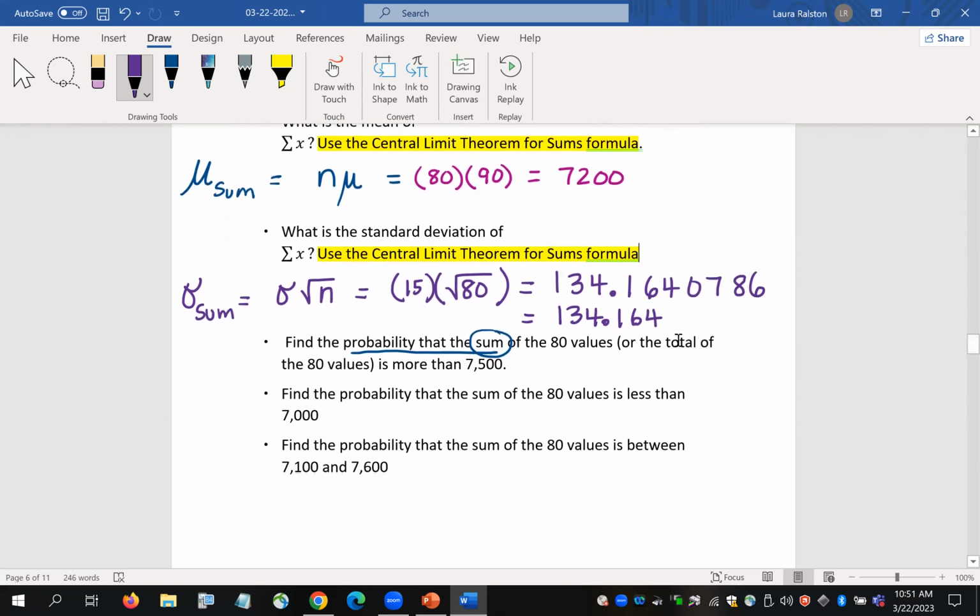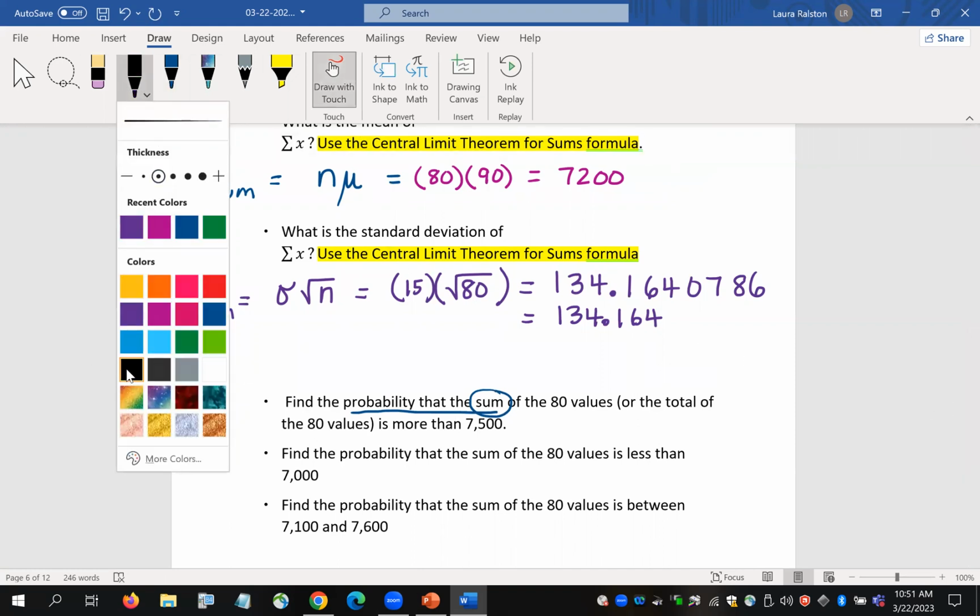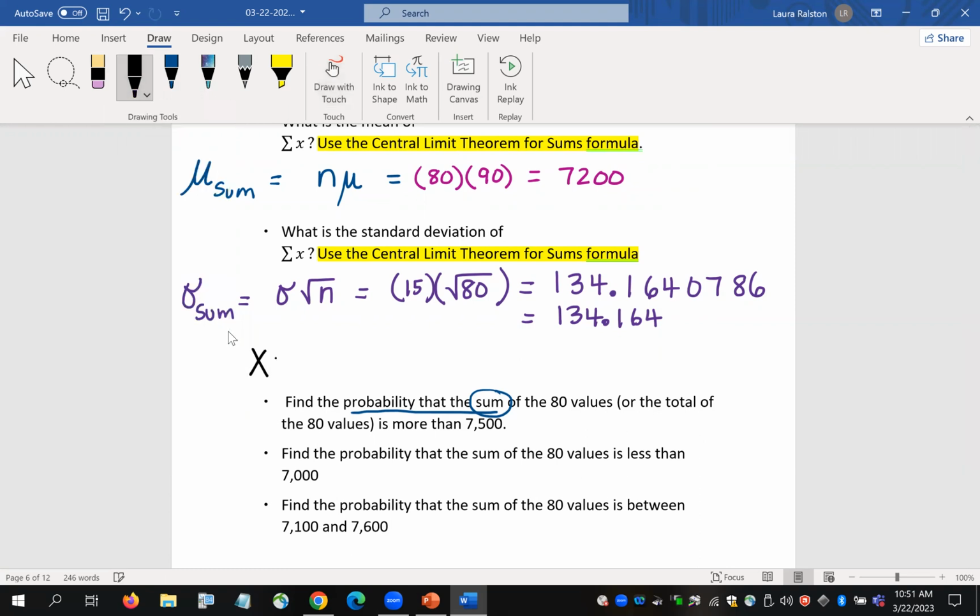So again, what we have determined is that even though we initially had an unknown distribution, by applying the central limit theorem for the sums, I now have a normal distribution that has a mean of 7,200 and a standard deviation of 134.164.